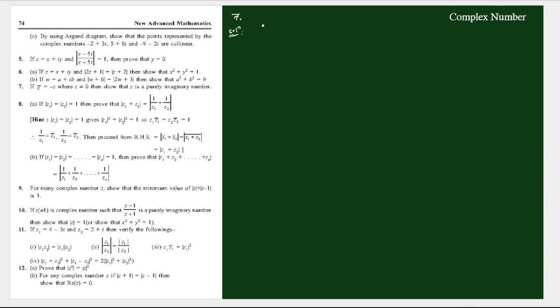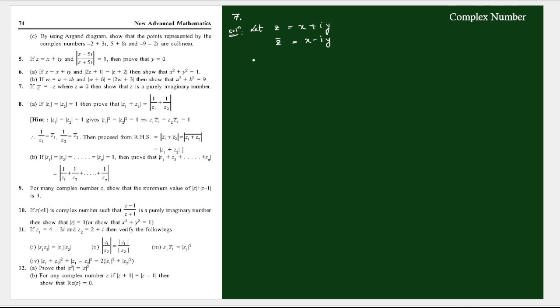Let's see, given. We have z. We don't know z. So let's take z equal to x plus iy, or a plus ib you can take. So conjugate of z will be x minus iy.